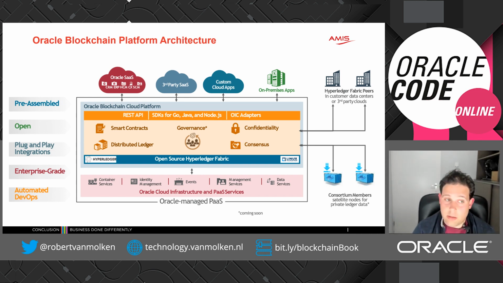You can run the satellite nodes on any cloud you want, but they are modified to work better with the Oracle Blockchain Cloud Services. They also are updated, and they have certain features that Oracle provides for satellite members of the consortium that don't want to run in the Blockchain Cloud Service itself or on Oracle Cloud itself.